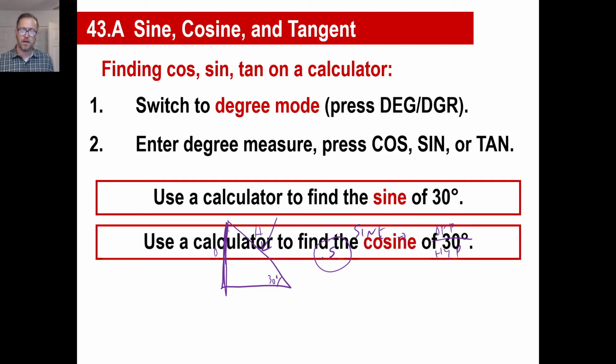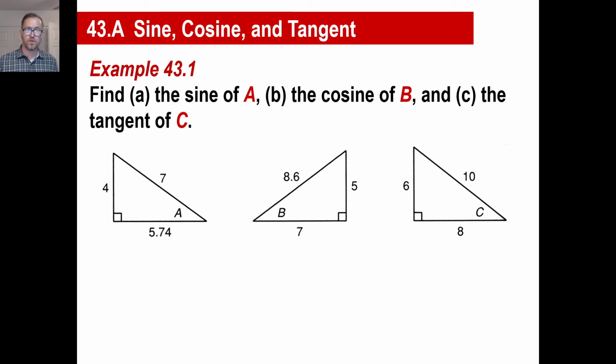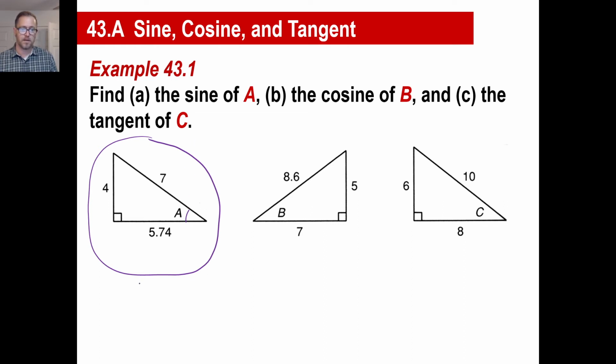All right, we'll forget this one for a second. Let's go to the example we do in the book. Find the sine of A, the cosine of B, and the tangent of C. Let's forget all these except for this one right here: the sine of A. This is your A angle. Look again, what is sine? It's opposite over the hypotenuse.